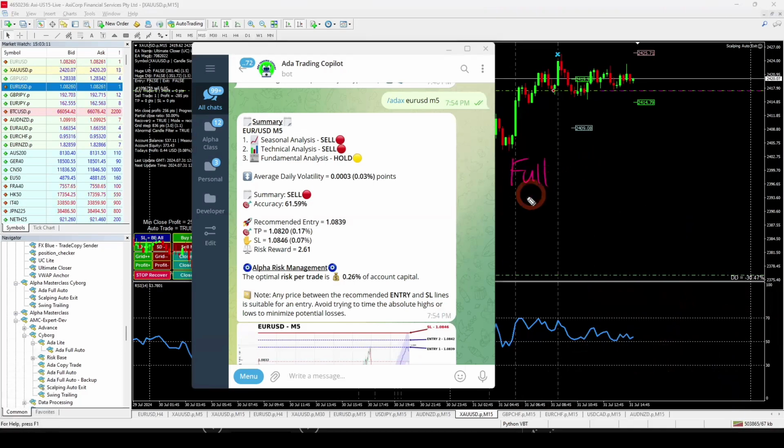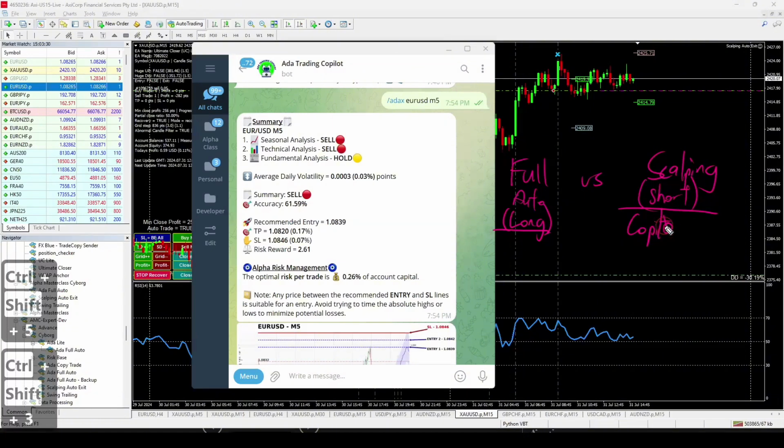Full auto versus scalping: scalping is for short term, full auto is for long term. Now, the design is like this. The co-pilot plus the scalping robot, these two are actually the combination of how you enter the trades.